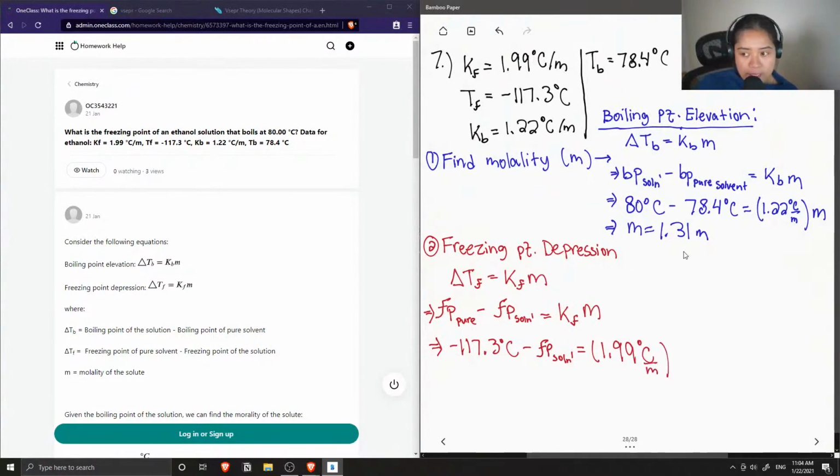And we found m in the previous step to be 1.31. So now, if we just solve for the unknown, we get a freezing point of the ethanol solution to be equal to negative 119.91.